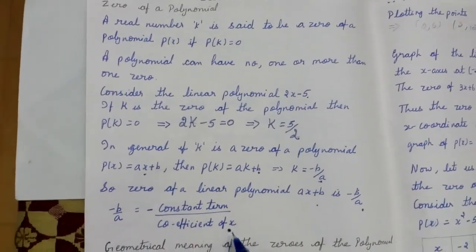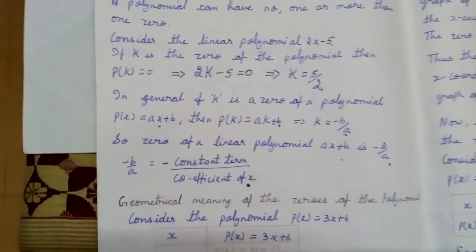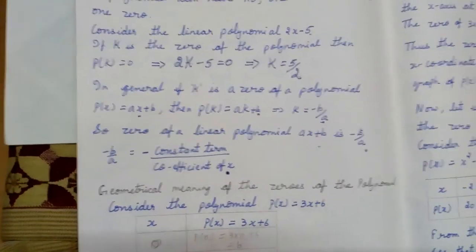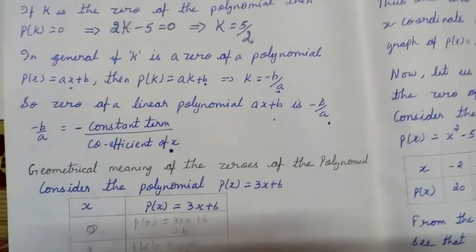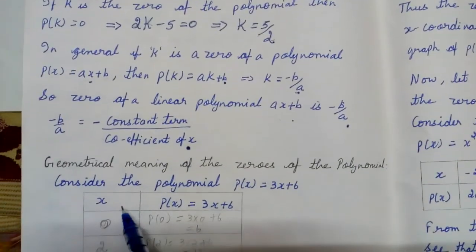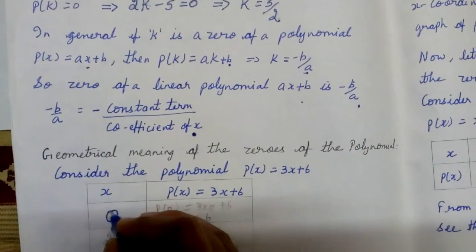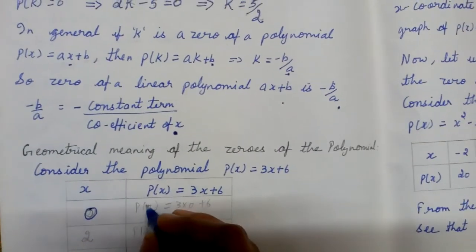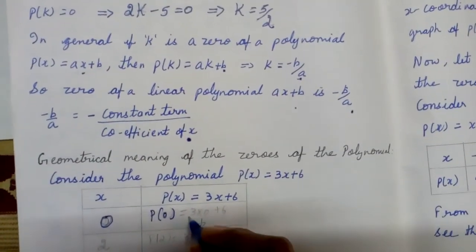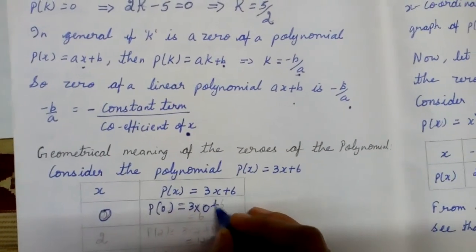Now, let us see the geometrical meaning of the zeros of the polynomial. What about the graphical representation of the zeros? Now, consider the polynomial 3x plus 6. Now, we are going to replace x by 0. So, when you substitute x as 0, you get p of 0 is nothing but 3 into 0 plus 6.